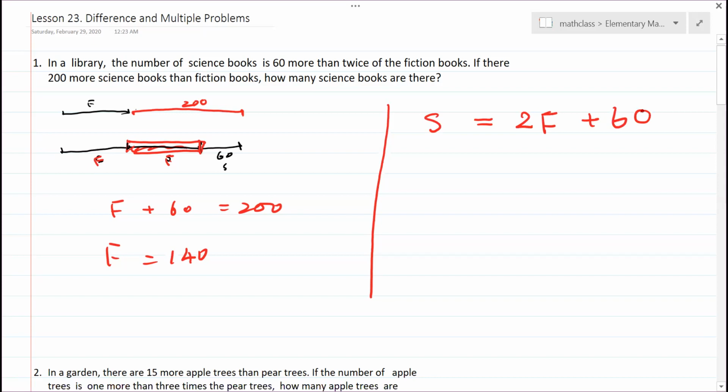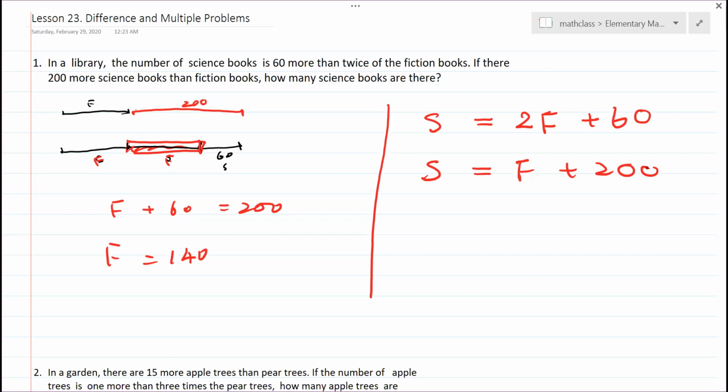The second sentence says there are 200 more science books than fiction books, so S equals F plus 200. Clear? So from here, you can try now. We're going to teach you both.